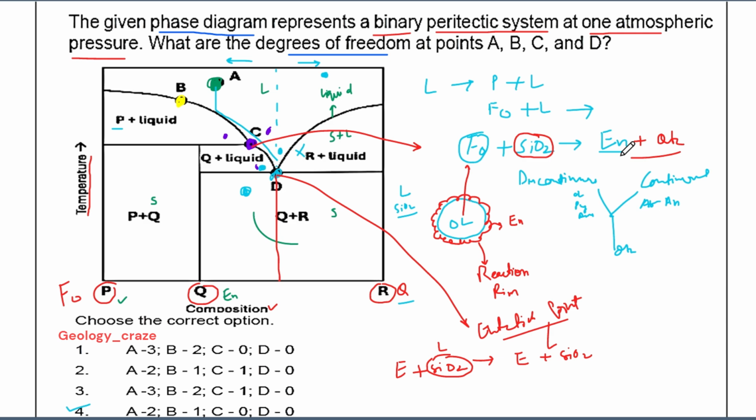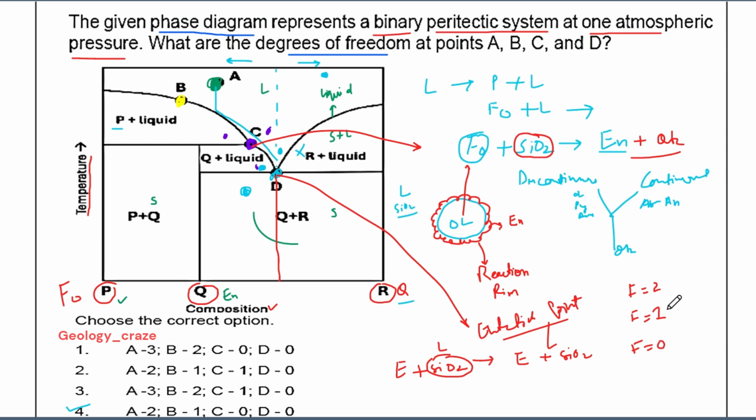Always remember that the peritectic and eutectic points have a fixed composition as well as temperature. It cannot be changed. The moment it changes, some change occurs in the system. This is because the degree of freedom is zero. Now let us understand one more thing: if F is equal to 2, if F is equal to 1, and if F is equal to 0, what does it mean?